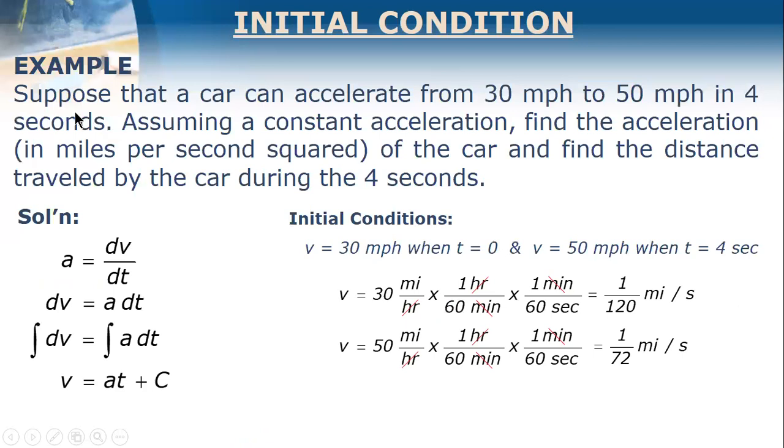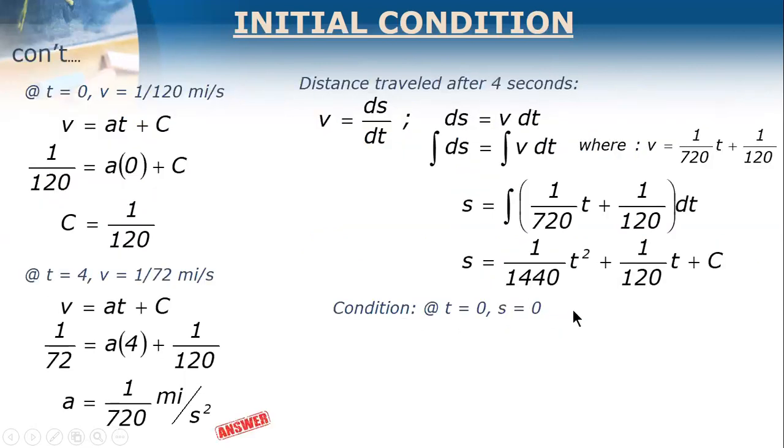Although it's not given in the problem, it's very obvious that when the car has not yet started, of course, the distance is equal to 0. Right? So at t equal to 0, it is implied that distance is also equal to 0. So substitute t equal to 0, s also equal to 0, and therefore, our constant is equal to 0.